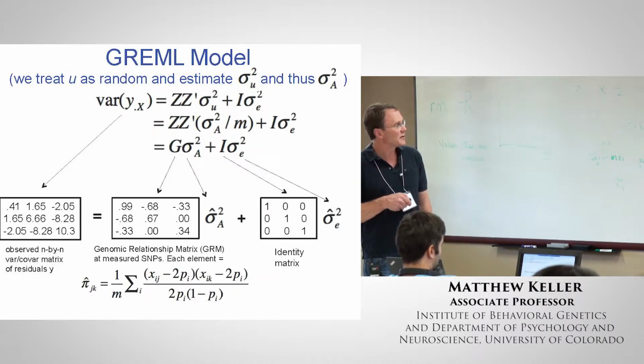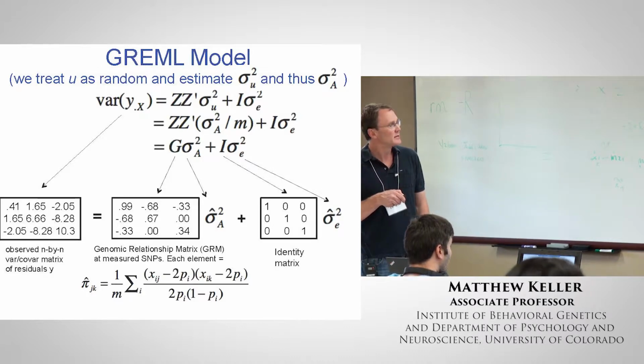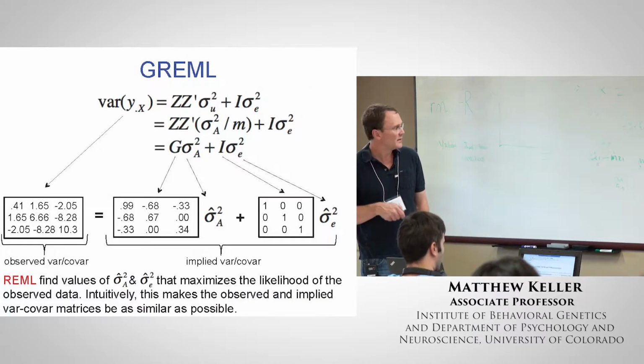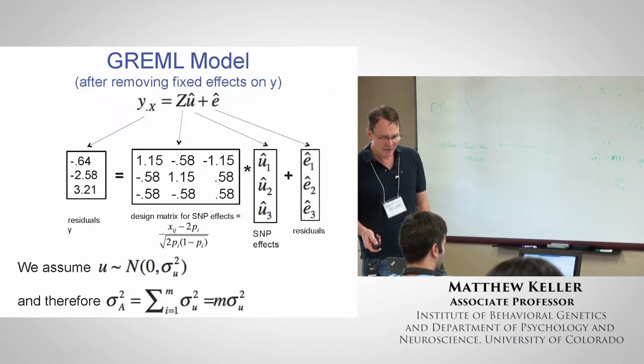So we can think about this now as the variance-covariance of Y, which is just the outer product of that Y vector. It is going to be equal to ZZ prime times the variance of U, plus the identity matrix times the variance of the residuals. The outer product of Y, let me go back just a sec.